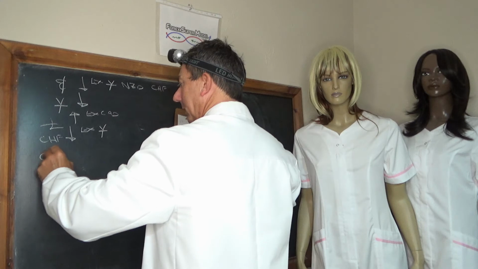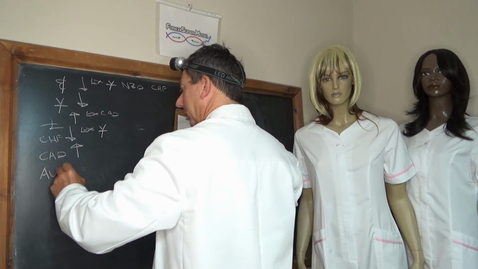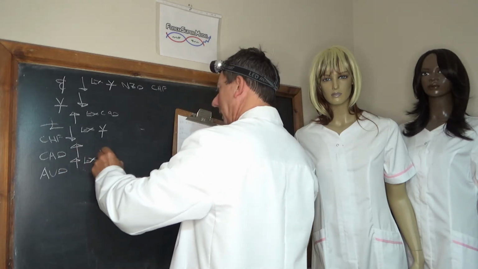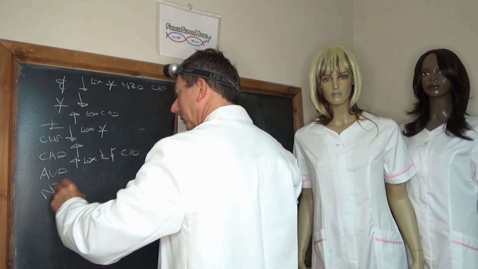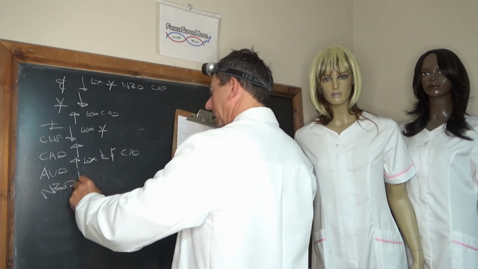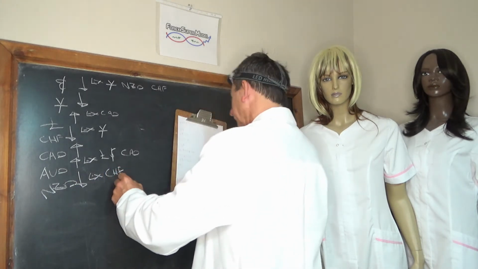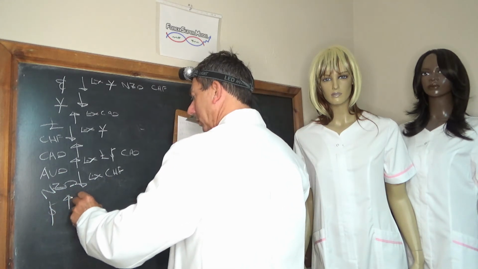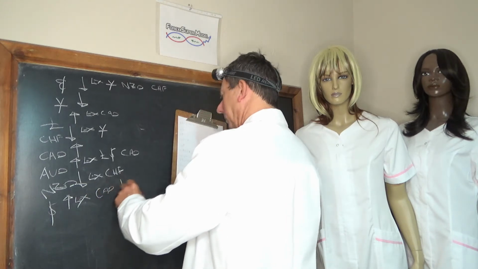The CAD is strong across the board. The AUD is strong except against the pound, the dollar, and the CAD. The New Zealand dollar is weak except against the Swiss, and the dollar is strong except against the CAD and the pound.